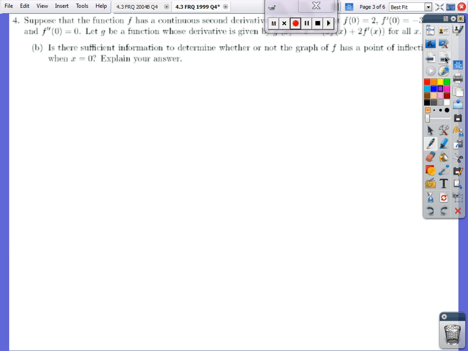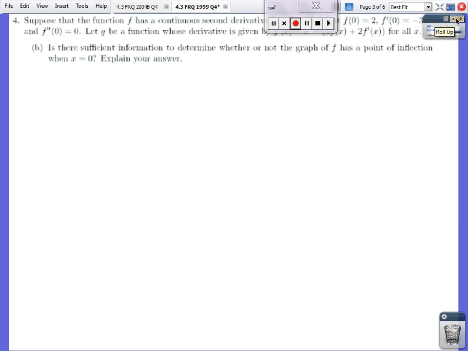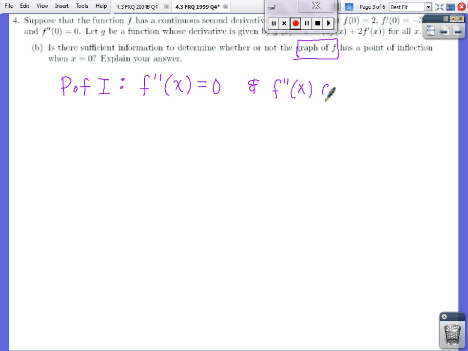Part B: is there sufficient information to determine whether the graph has a point of inflection at x equal to 0? So we're talking about the graph of f, and we want a point of inflection. A point of inflection happens when f double prime of x is equal to 0, and f double prime of x changes sign. And if we look up, we didn't get enough information to actually answer that question.